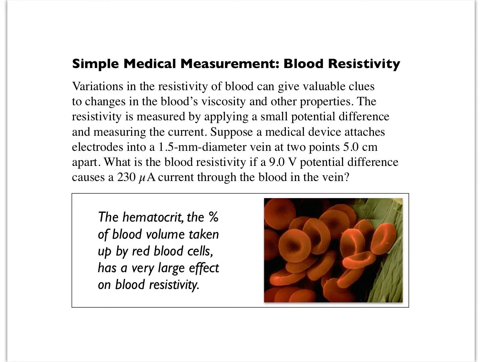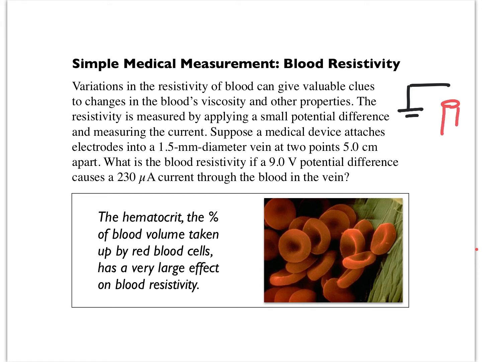And this is another problem we'll look at, and this is one where we use the basic circuit model, except the resistor isn't a wire in an electric blanket. It's a blood vessel. It turns out that there are certain medical conditions that you can monitor by looking at the resistivity of blood. So we take a power supply and hook it up to a segment of a person's artery.